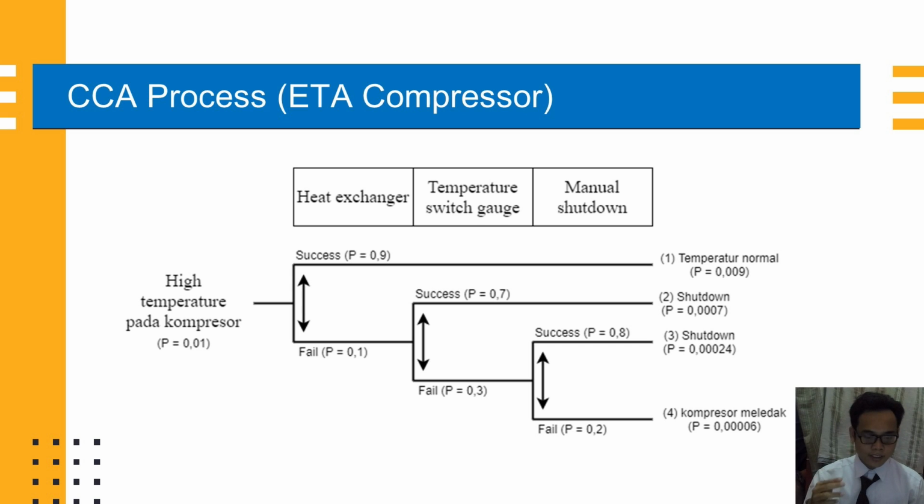If the heat exchanger fails, then the temperature switch gas succeeds and the compressor is shut down. If the heat exchanger and the temperature switch gas fail, but the manual shutdown succeeds, the compressor is shut down. If the heat exchanger, the temperature switch gas, and the manual shutdown all fail, there is an explosion of the compressor.